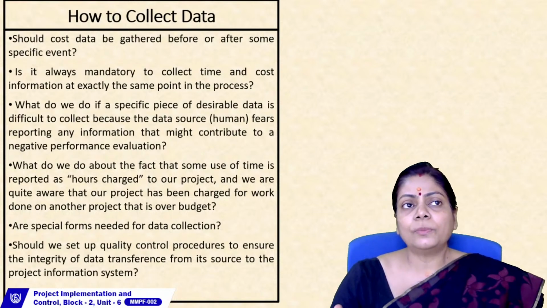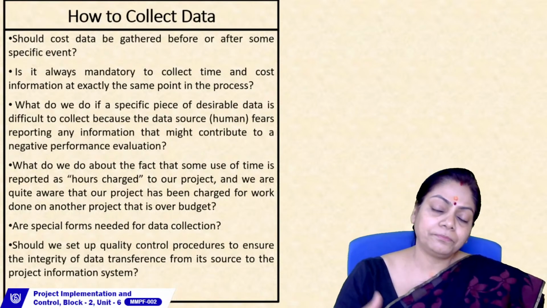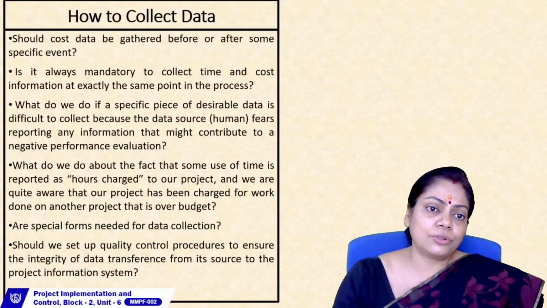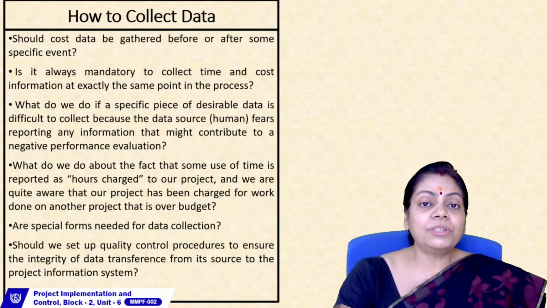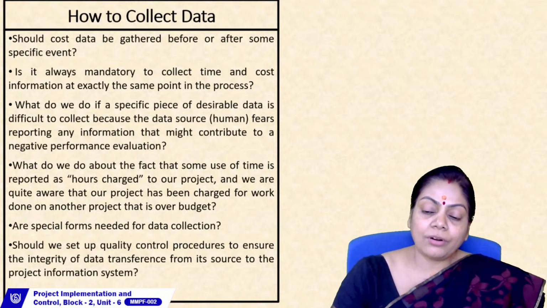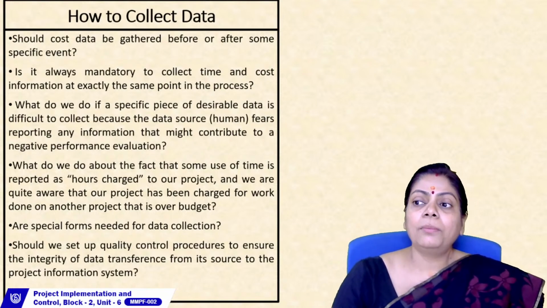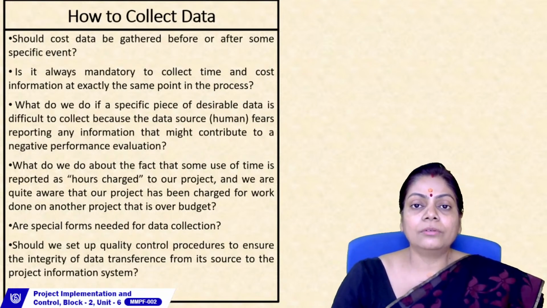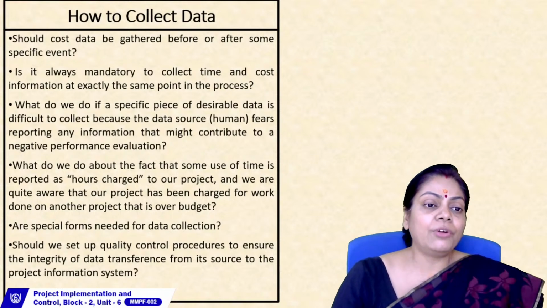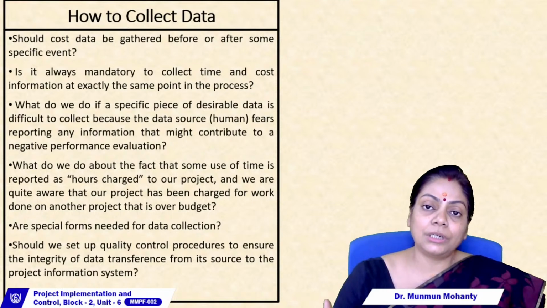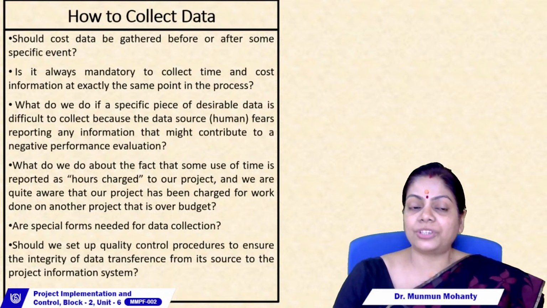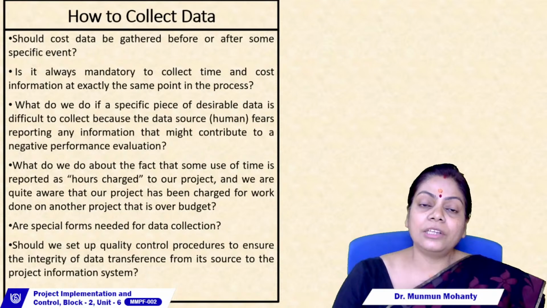Suppose the cost is overshooting, and we are trying to manage through other sources, and if we report that we are overshooting the cost by a great margin, then there might be consequences. So we are not reporting that. We are running late on a particular schedule, but we think that we'll quickly manage, but we're not reporting it on time. So there could be so many human fears attached with this kind of information not being shared, because there is a fear that this will contribute negatively towards your performance.